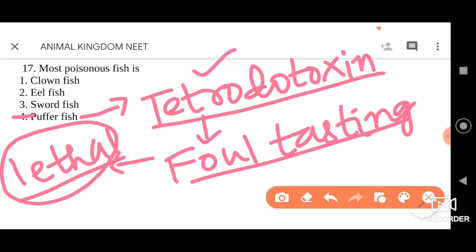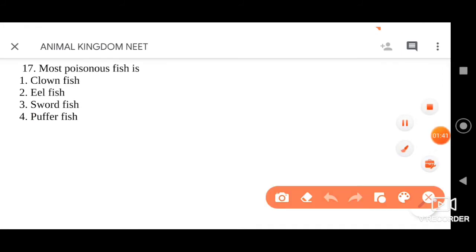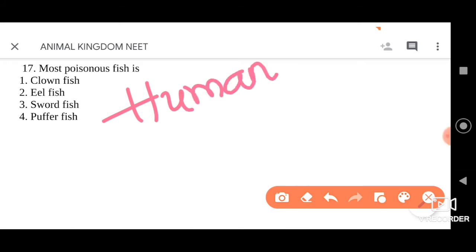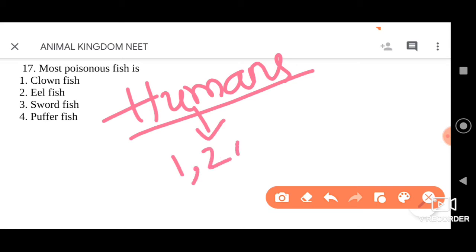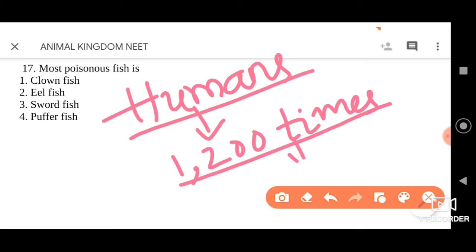Dear students, let us also understand how deadly this tetrodotoxin can be to humans. Tetrodotoxin is 1200 times more poisonous than cyanide.